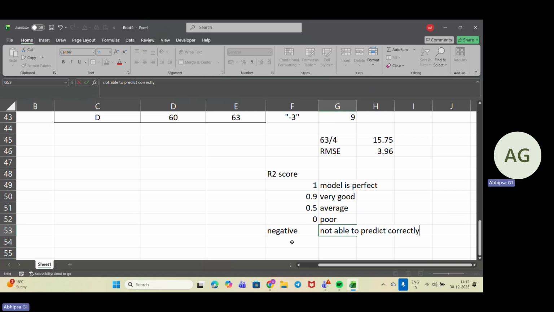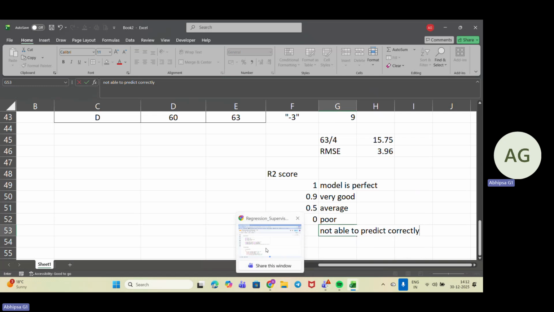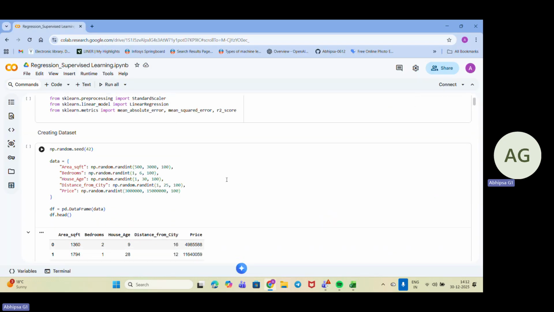Okay. So these are the details that we have discussed. This is the evaluation part that we need to take. Right? So now coming down to the problem, of course, we have imported the libraries. Now we have to create the data set.